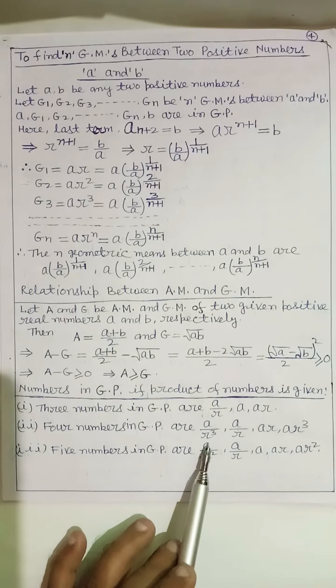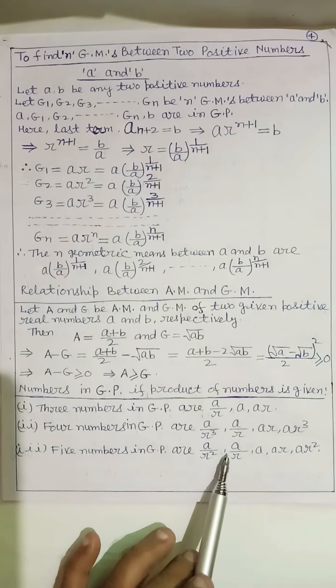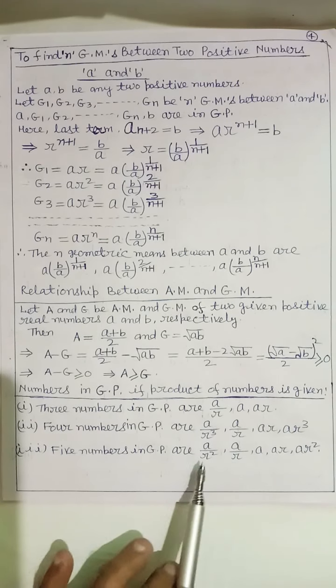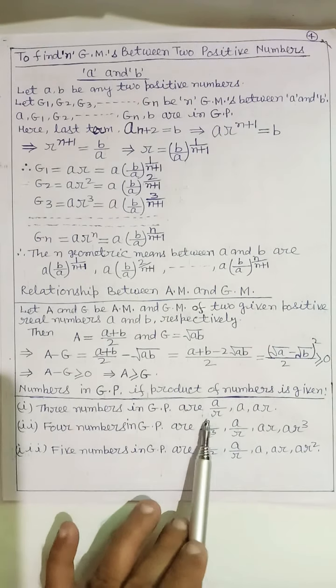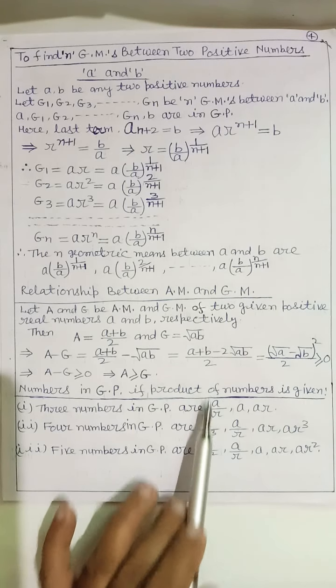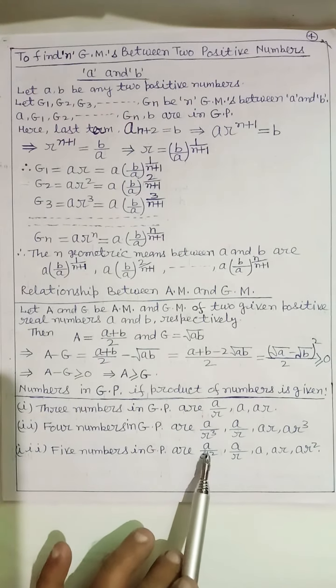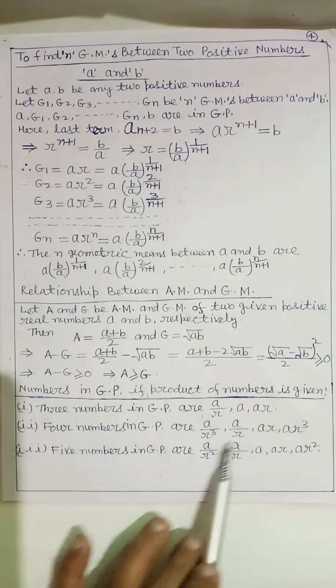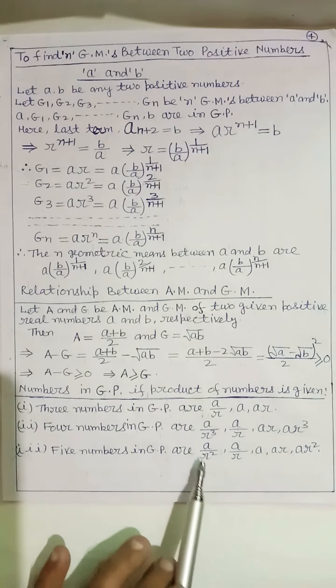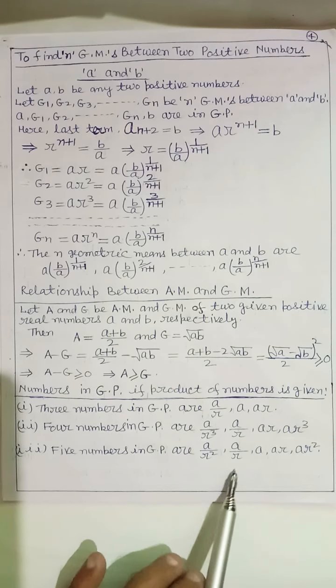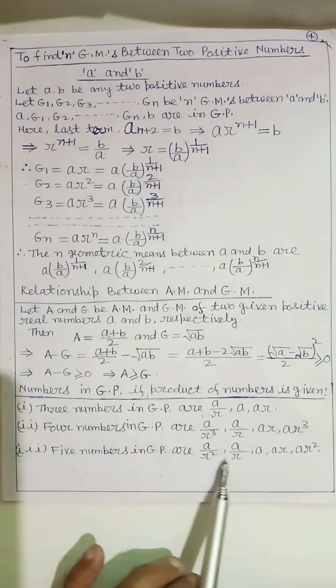So here ar square into r, we get ar cube. Either we find the ratio a by r by a by r square, and you will get r, the common ratio.